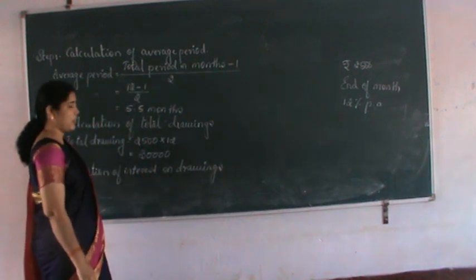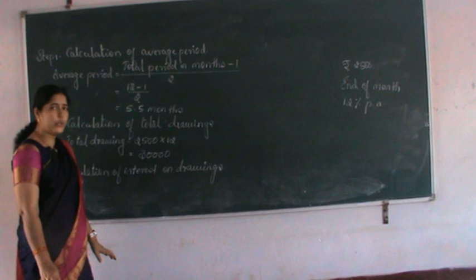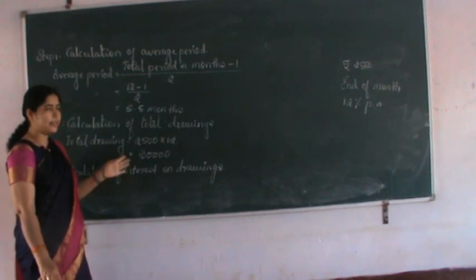Calculation of interest on drawings. And what is the formula to calculate the interest on drawings under this method?